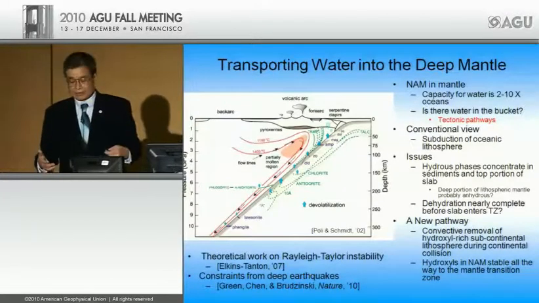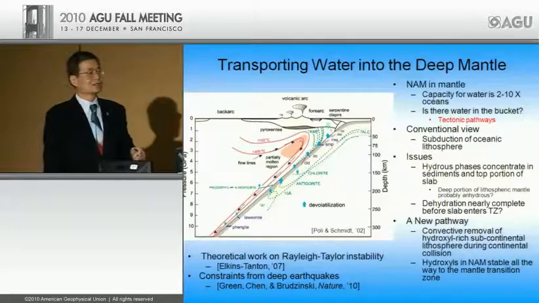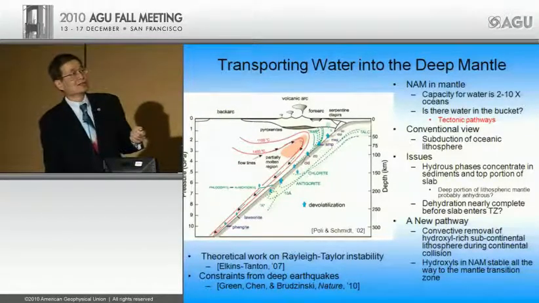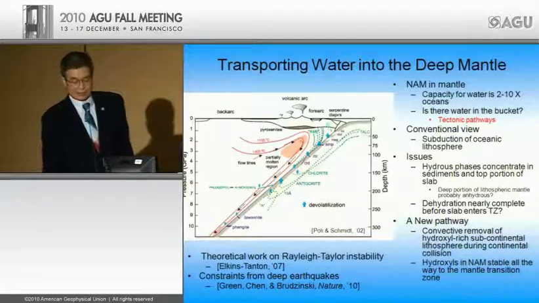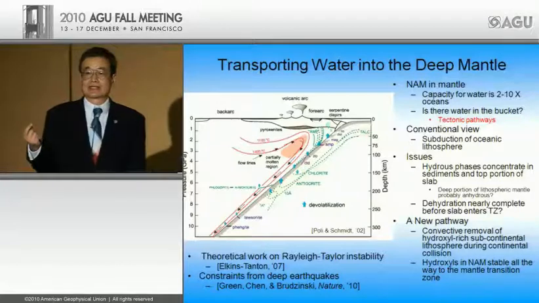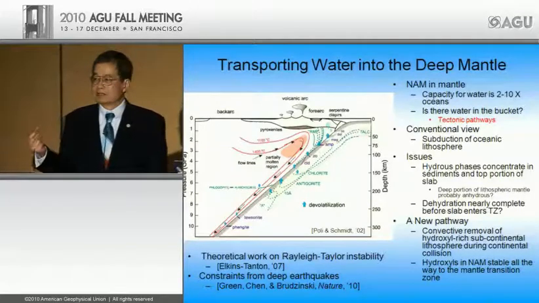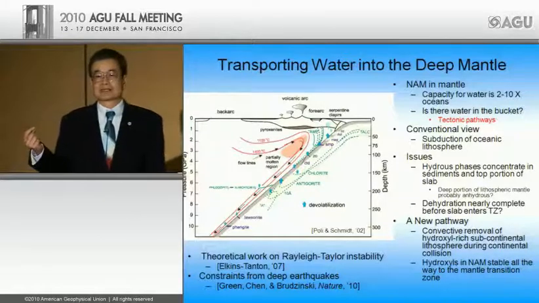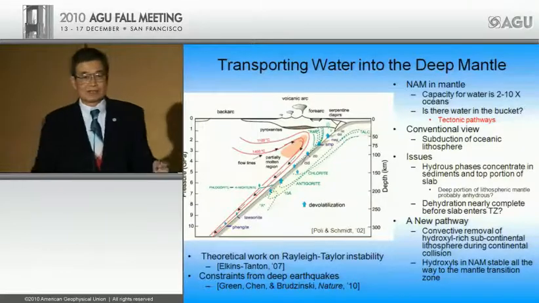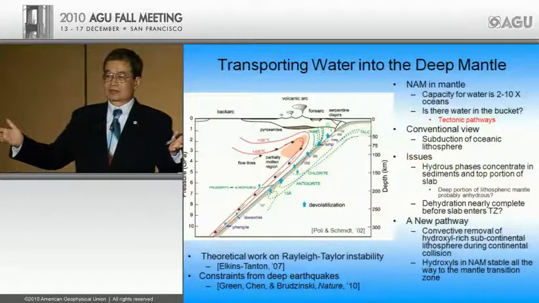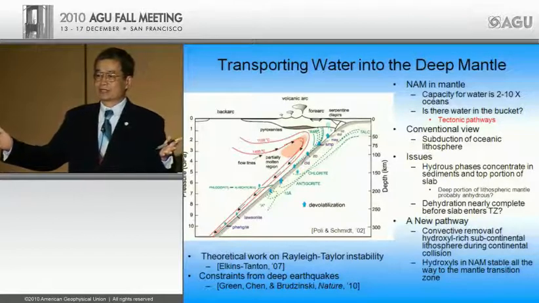Now, finally, I want to touch upon the issue of the deep water cycle. The discovery of water content in those nominally anhydrous minerals is very important, because they can contain so much water such that the mantle can hold a lot more water than all the waters in the current oceans, okay, 2 to 10 times. So we know that there's a very big bucket in the mantle. The question is, do we have any water in this bucket?